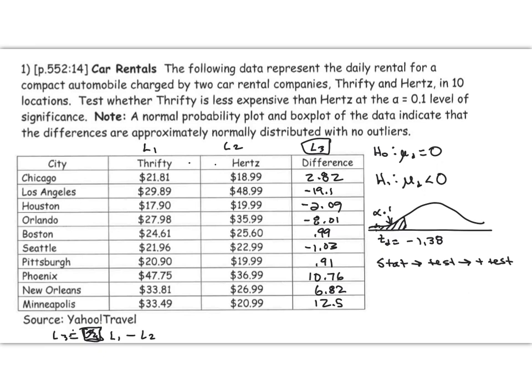I'm using data because I have data in my lists, and my mean difference is 0. It's always going to be 0 for a paired t-test. List is going to be list 3. Frequency is 1. And then my test is a left tail test, and I hit calculate.